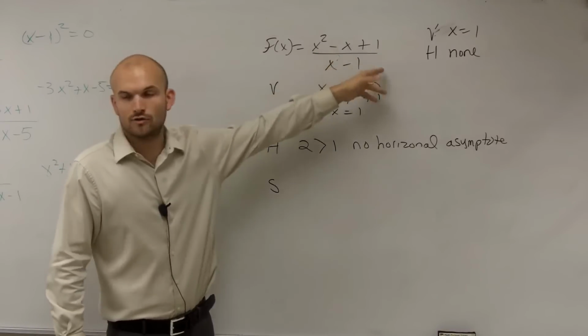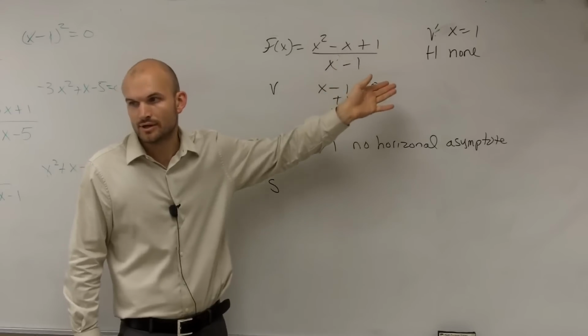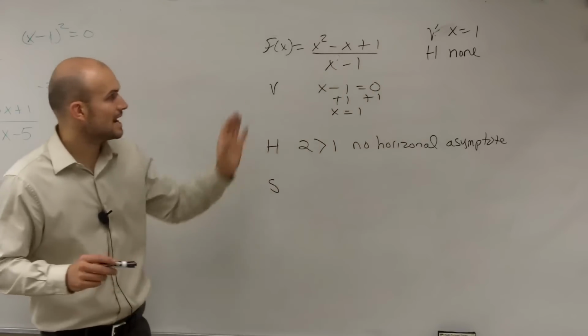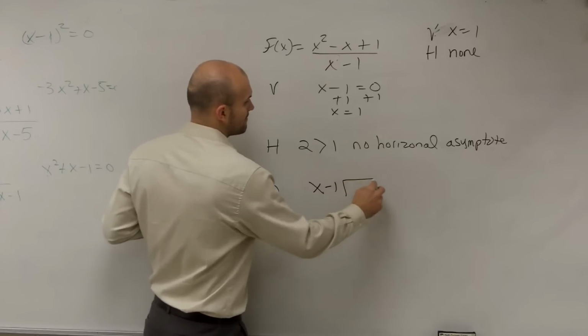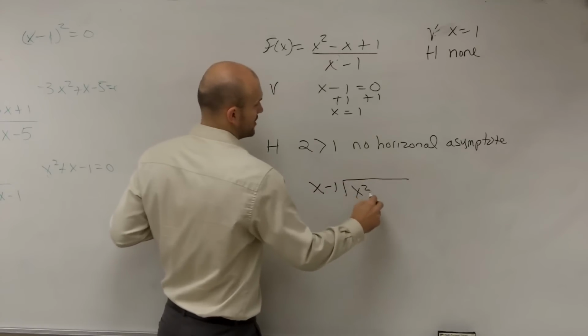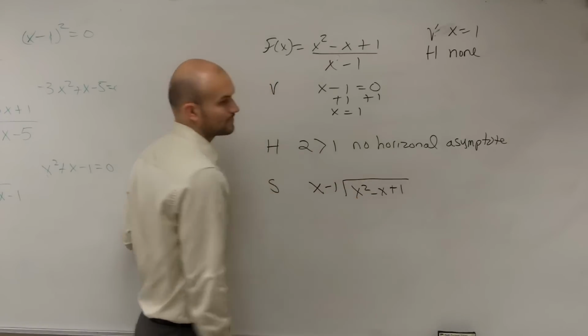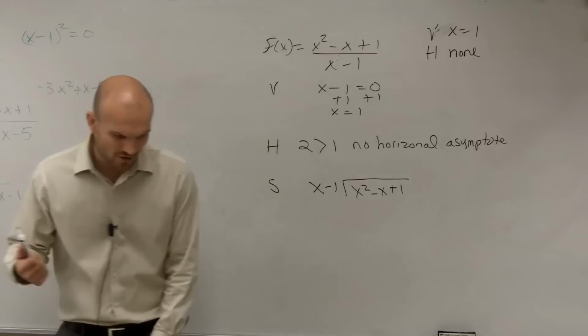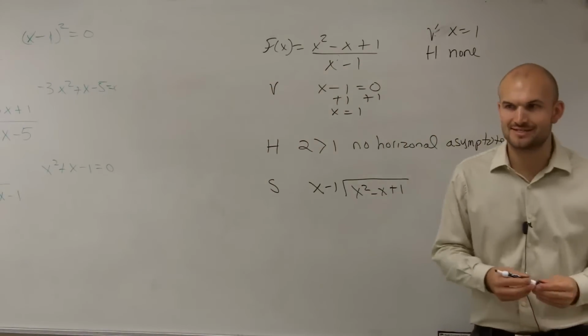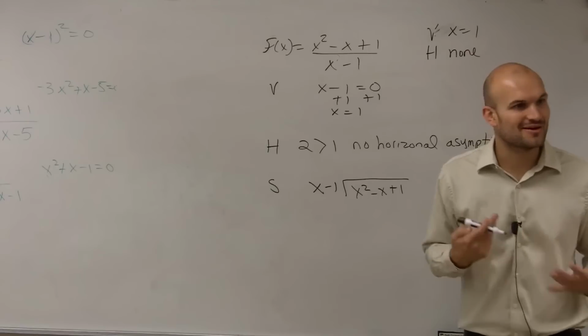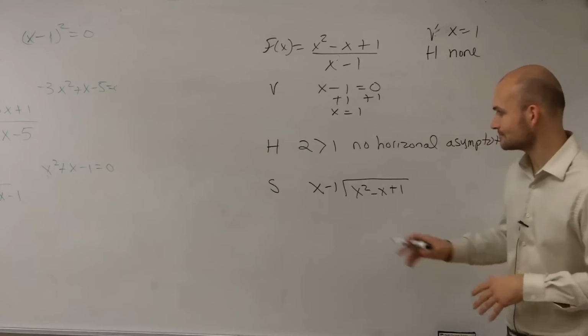This is divided by all those terms, so you just can't cancel it out of one term. So what I'm going to do is use long division. So I say x minus 1 divides into x squared minus x plus 1. For those of you that were like, oh, I remember long division, I got it. But for those of you like, ew, I never liked long division, I just did synthetic. Well, now we got to keep practicing that long division.